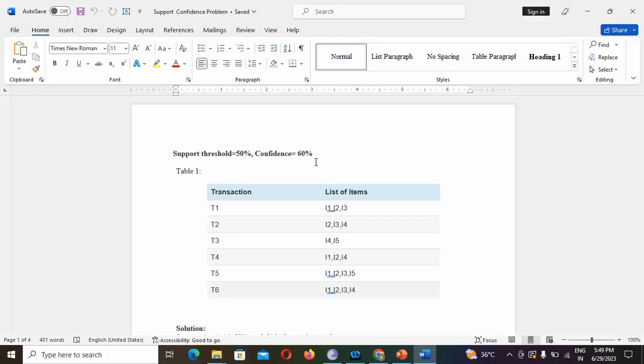So the main steps you have to remember: when the transaction is performed by the customer, which items will be bought by the customer together in parallel. That's why we follow these steps. We find the count of items bought by the customer for one item, then for two items, and for three items.